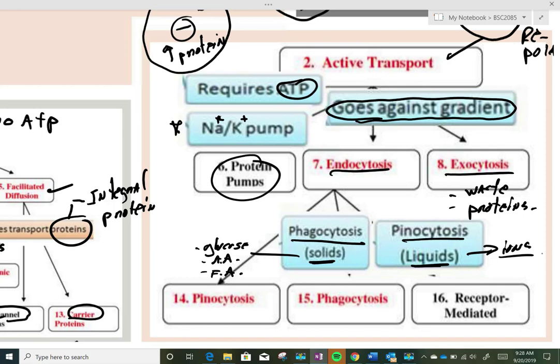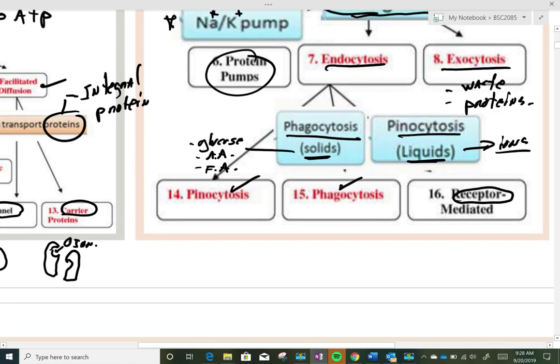Okay. Now, we talked about pinocytosis. We talked about phagocytosis. There is another one which uses a what? A receptor. Really simple. If you want to select for a specific ion, let's say iron, because your cell requires iron, or magnesium, okay? The iron molecule is going to have a specific shape, the magnesium is going to have a specific shape.